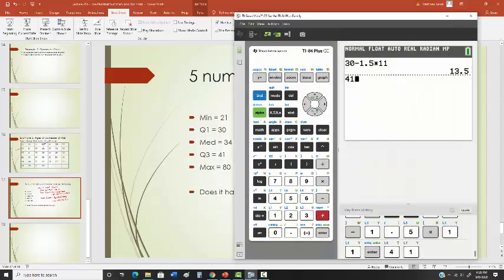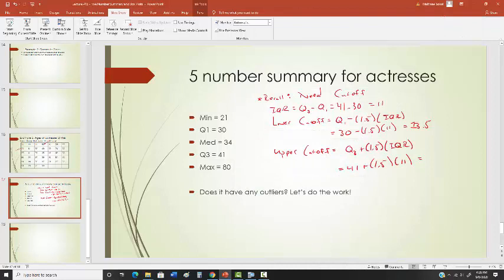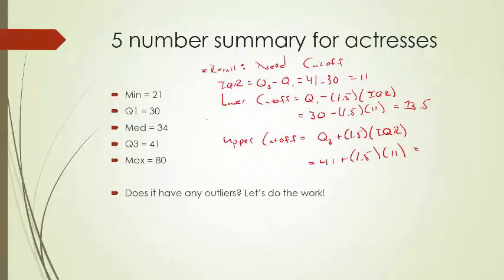So 41 plus 1.5 times 11 gets me 57.5. So what that means is any value above 57.5 is an outlier.